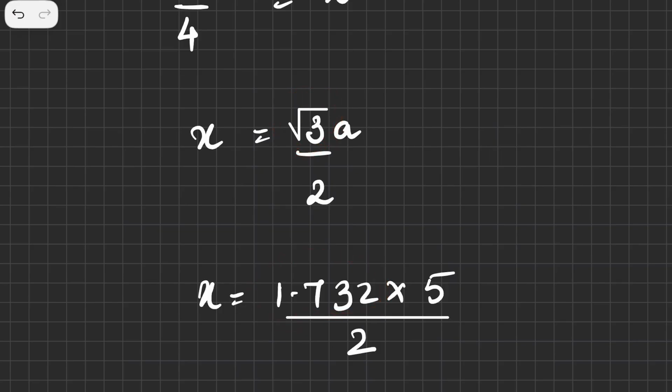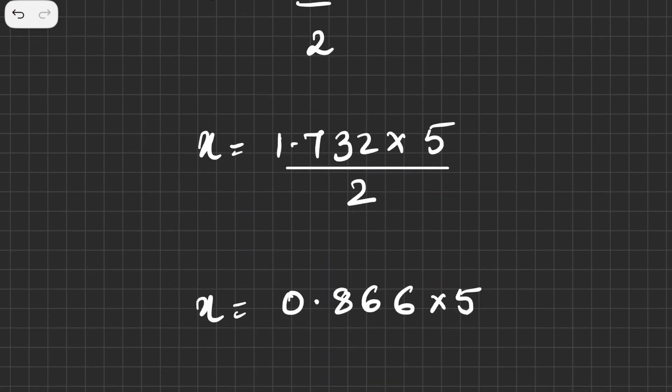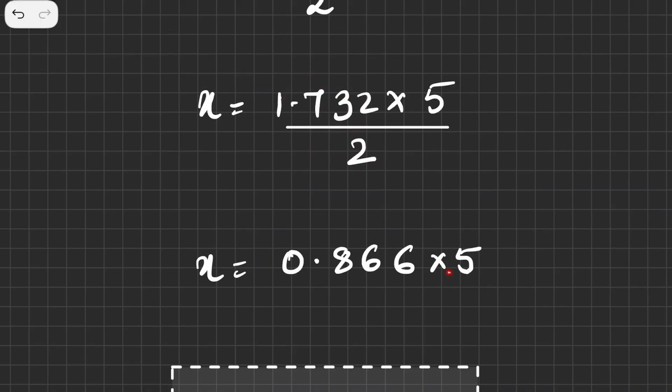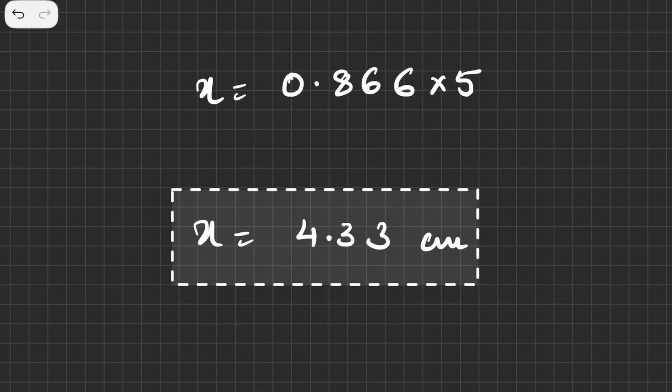If you do not, probably the question paper will mention it. If your board allows logarithm, you can use logarithm; if a calculator is allowed, that's one of the best parts. A is given as 5 and 2 is as it is. 2 ones are 2, 0.866, so into 5, when you multiply, we get 4.33 centimeters.